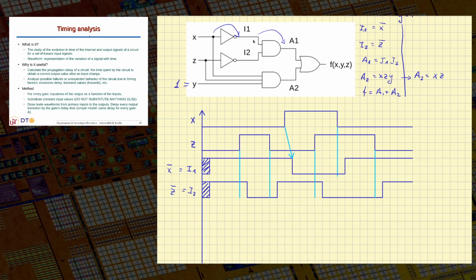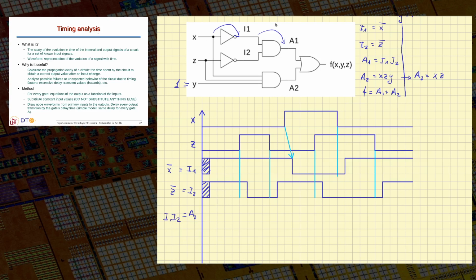Now, once I know I1 and I2, I can now calculate A1, because A1 is the AND operation of I1 and I2. Okay, so I have to make the AND operation of these two signals.